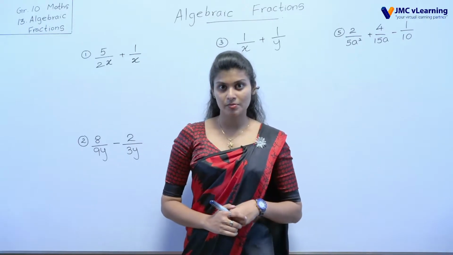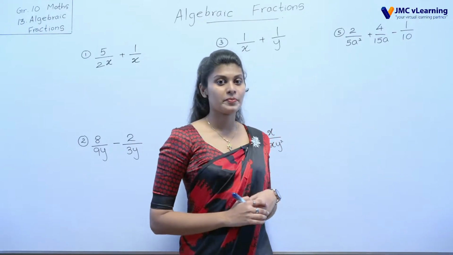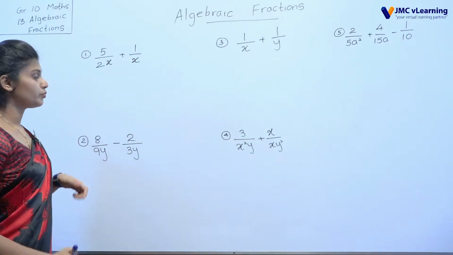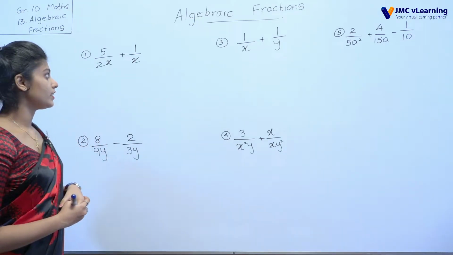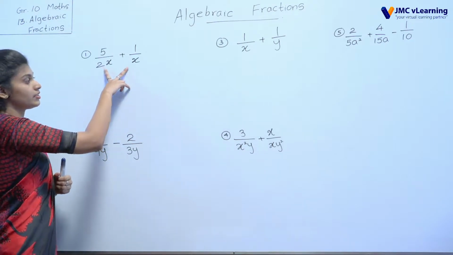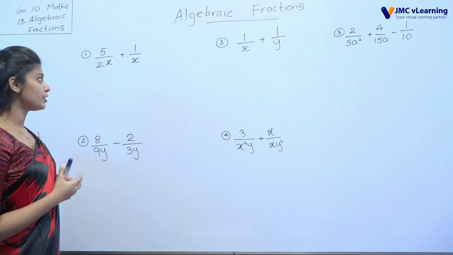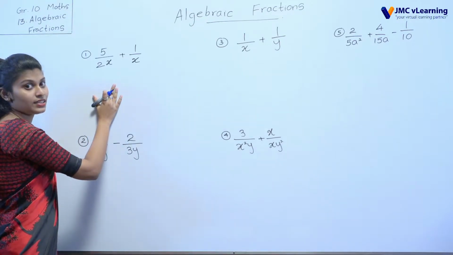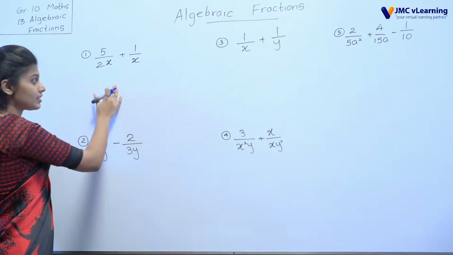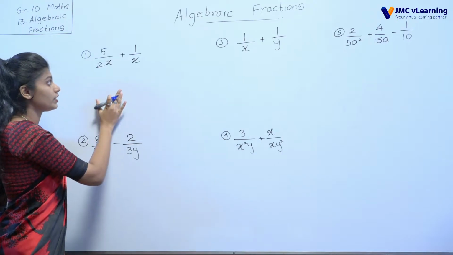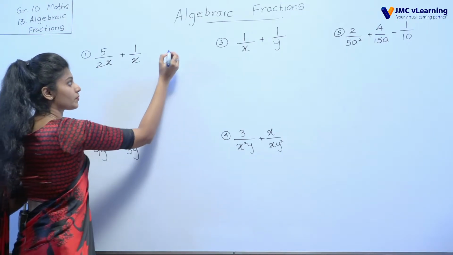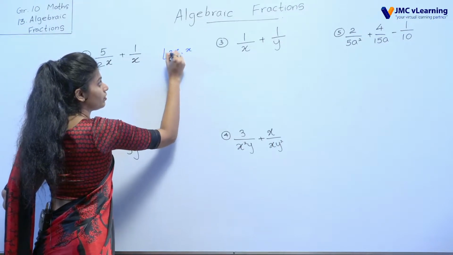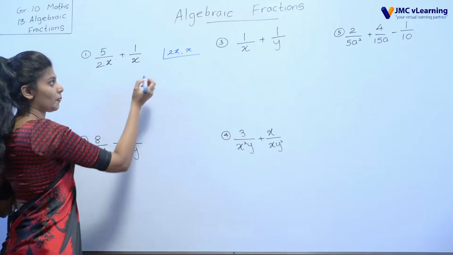Now we are going to explain unequal algebraic terms. First example, 5 over 2x plus 1 over x. Here the denominators are different from each other, they are unequal. So you have to take equal denominators, take the LCM of 2x and x. What is the LCM?